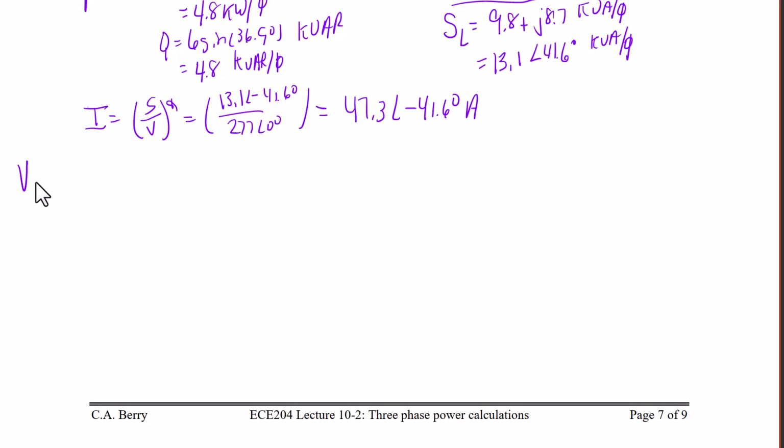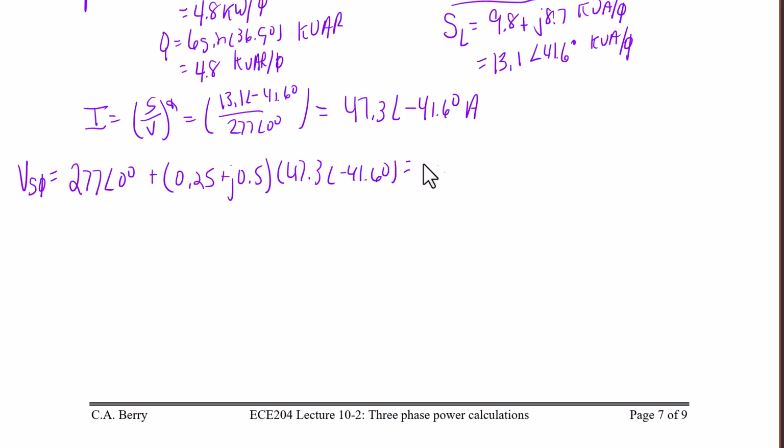So the phase voltage at the source would be equal to 277 with an angle of 0 degrees plus the feeder impedance 0.25 plus j0.5 times the current 47.3 with an angle of negative 41.6 degrees, which equals 301.8 with an angle of 2 degrees.